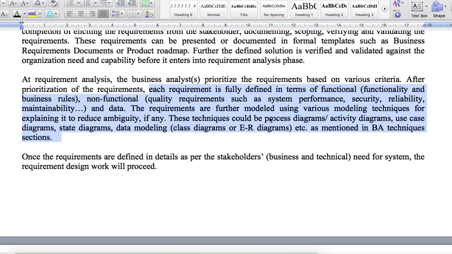The requirements are further modeled using various modeling techniques to reduce ambiguity, if any. Remember, the reason we say reduce ambiguity is that these requirements are basically written in text format.